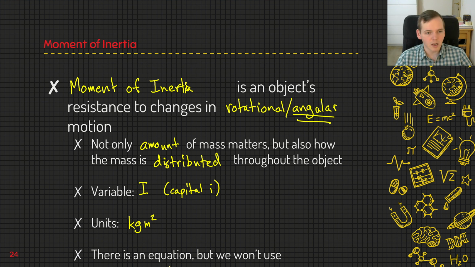We're only going to talk about moments of inertia qualitatively, comparing them. Or if you need to use it for a calculation, for the one equation that we'll have that has moment of inertia in it, it'll just be given to you in a problem or you'll be asked to solve for it. So you don't need to worry about how you would look at an object and figure out what its moment of inertia is. We're only going to use it in a few cases.